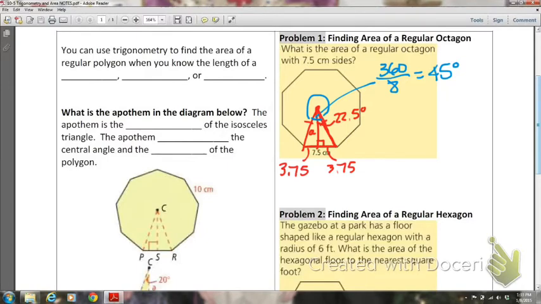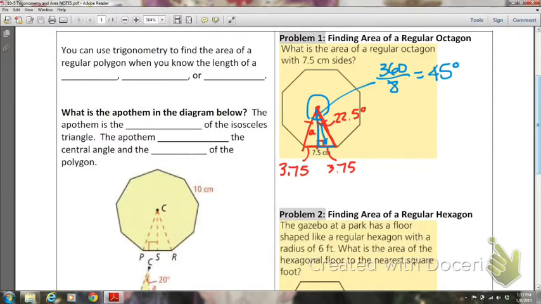This is where we're going to use trig to find the length of that apothem, because we need the length of the apothem for the formula 1/2 the apothem times the perimeter. Looking at this from the perspective of the 22.5 degree angle, the opposite side is 3.75, and the apothem that we need is the side that's adjacent to the 22.5.